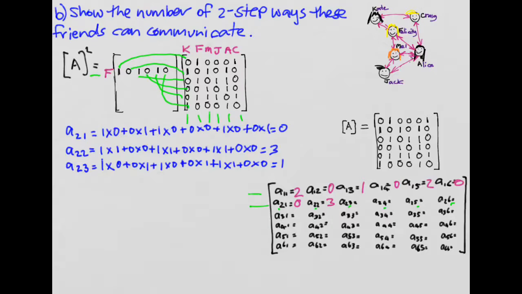Okay, for item 2-3, we're multiplying row F by column M, and same procedure as before, so we end up getting a 1. And we go ahead and write a 1 into this position.